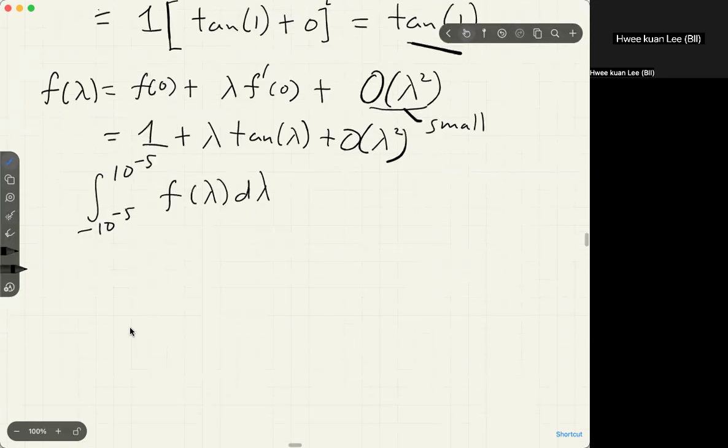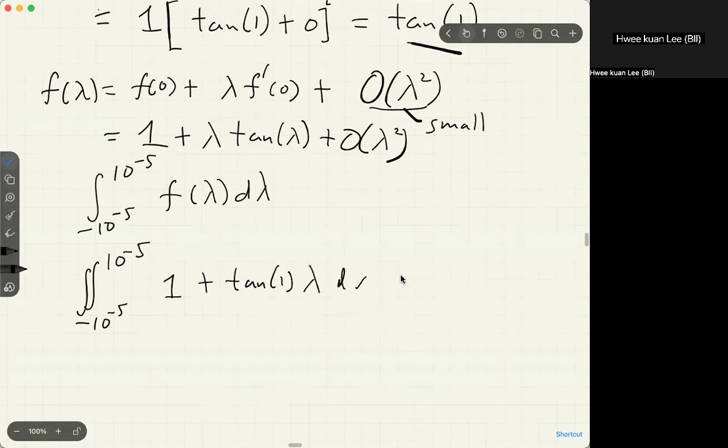You substitute f of lambda to be 1 plus tangent 1 lambda e to the lambda, plus some lambda square, lambda cube, lambda to the power of 4 thing, right?